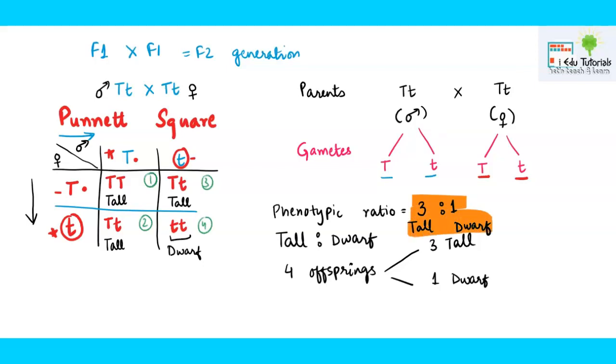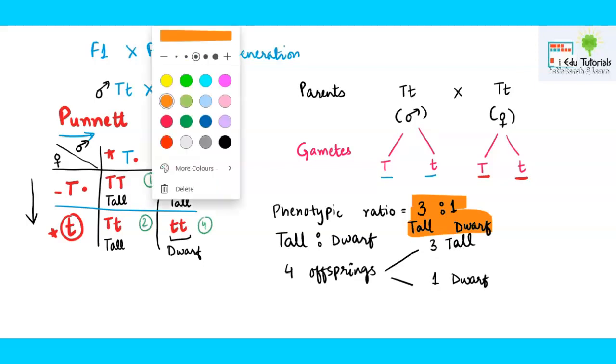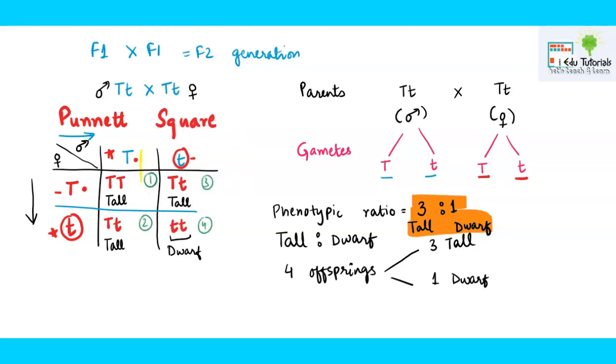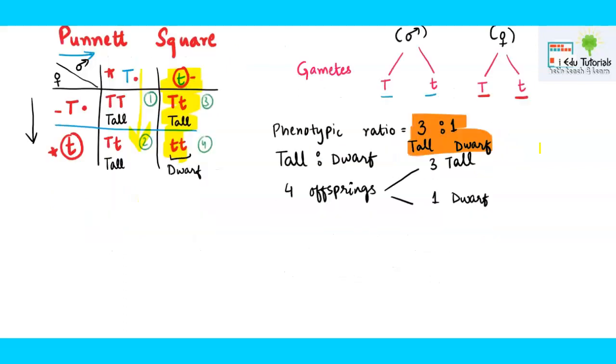Right? Now we will look at the genotype ratio. While calculating the genotype ratio, you need to move in this way. First, you will move in column 1 up to down, then in the second column up to down, and we will be calculating the genotypic ratio.